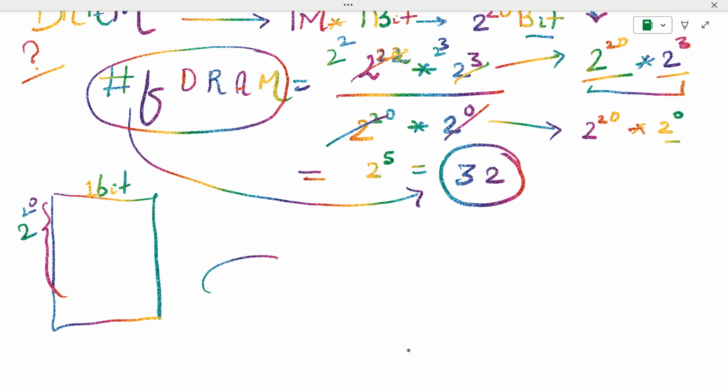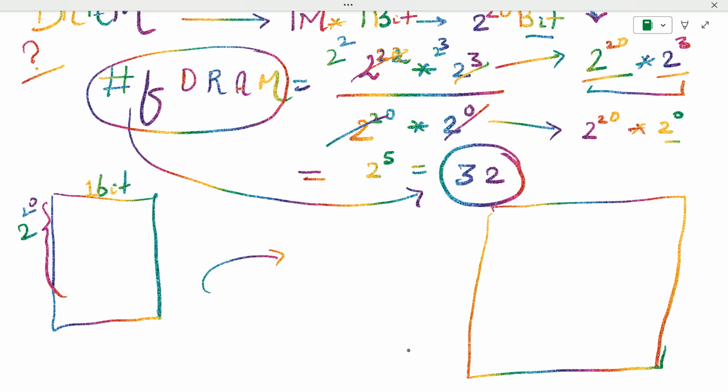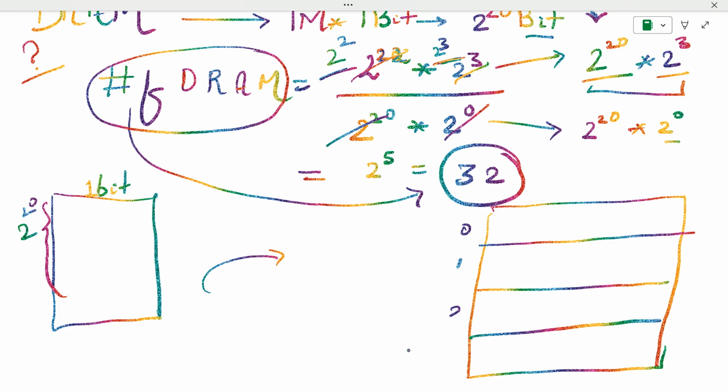From this, if we want to constitute a main memory, what we have seen is that our main memory will consist of 2 raised to the power 2 rows and each row with 2 raised to the power 3 bits of data. So let's create this. We have these 4 rows, 0, 1, 2, 3, and each row carrying 8-bit data.